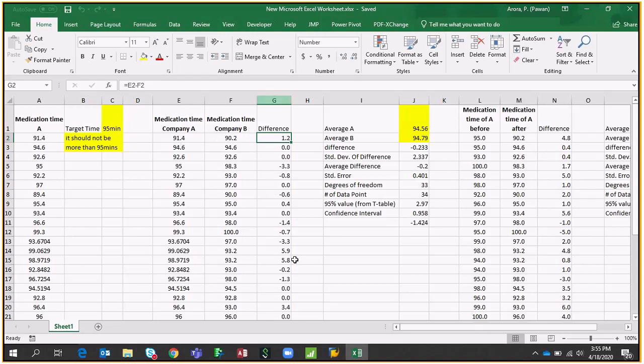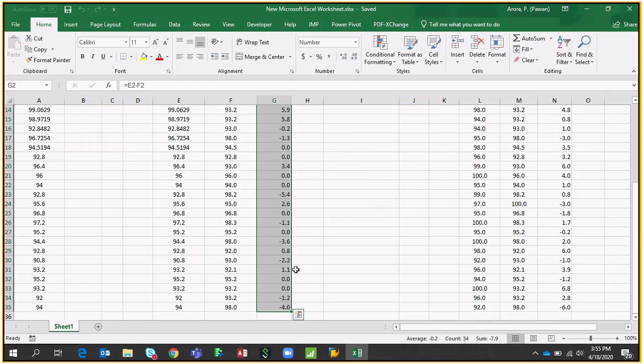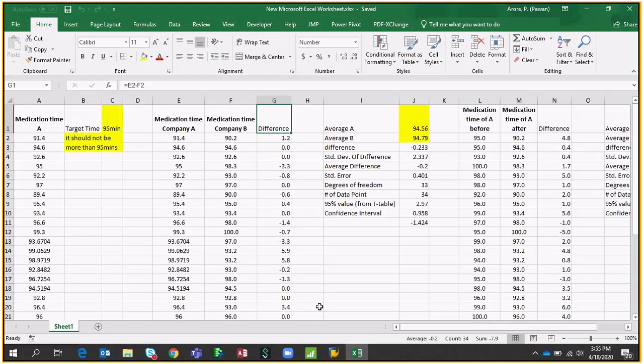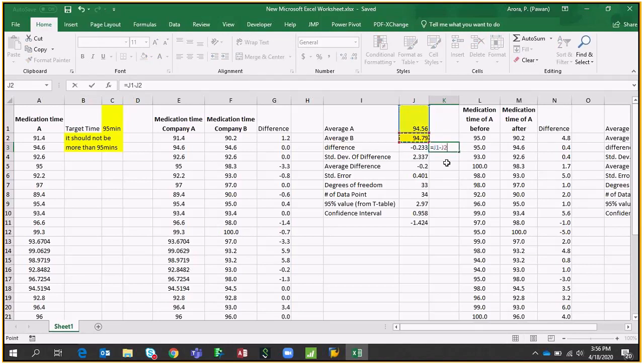Okay, and if you see the total difference, the average of the entire difference is here. So this is called the difference average, right? So 0.232, 0.233. You can get this number in two ways. One, you take the average and take the difference of these two, the indirect way, this minus this.